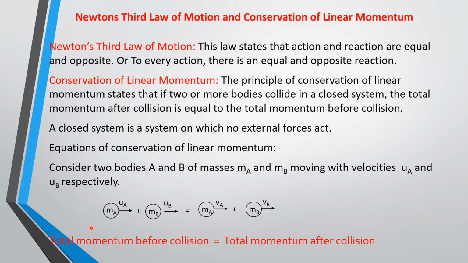So the law of conservation of momentum says that this momentum before collision is equal to the momentum after collision, taking the two together. Okay, so this is the principle of conservation of linear momentum, right? So we are going to derive the equations that are applicable.